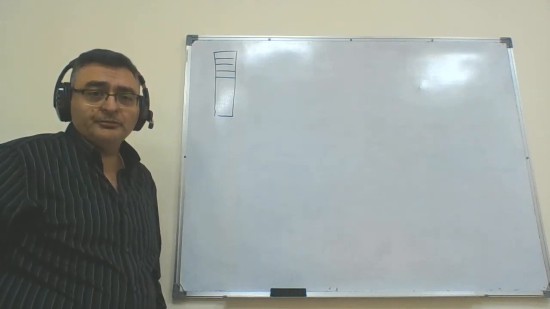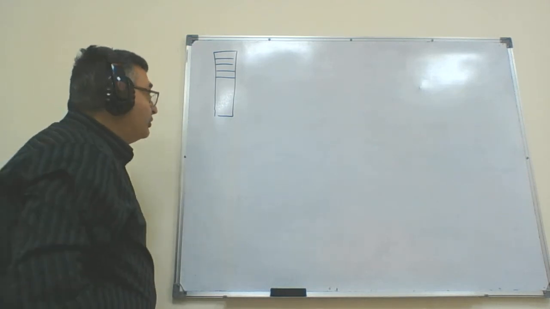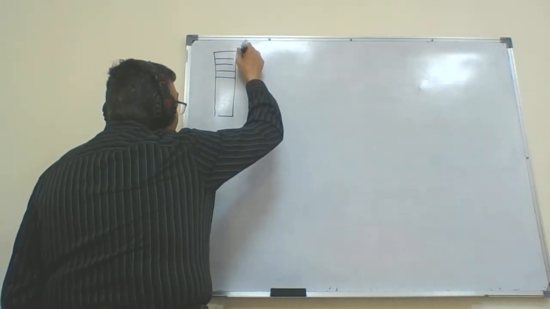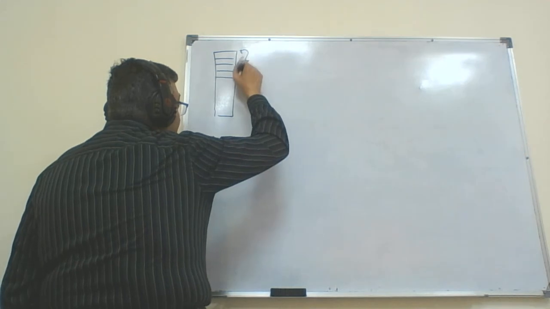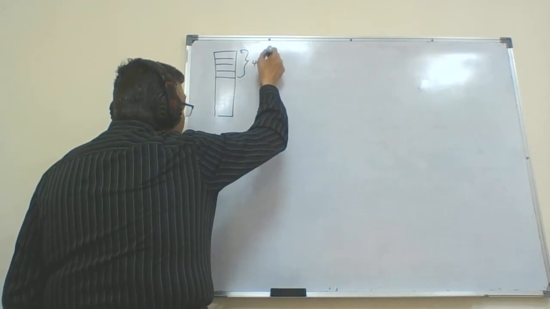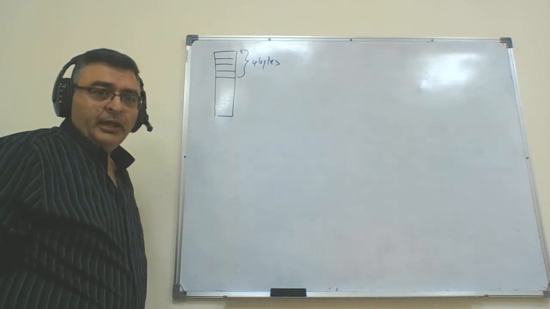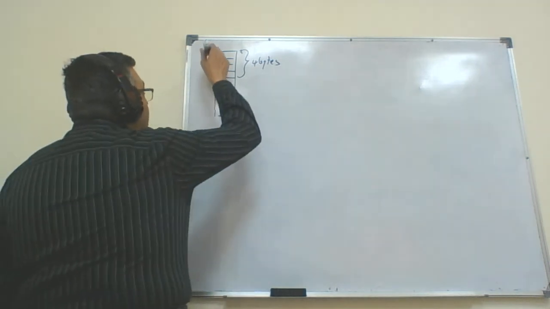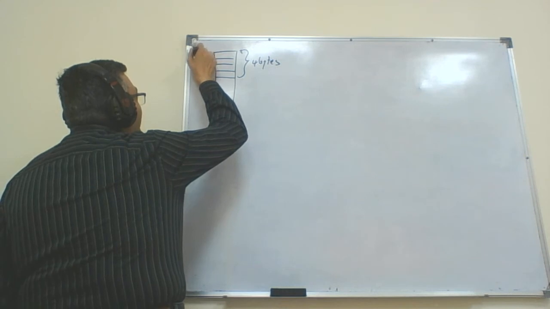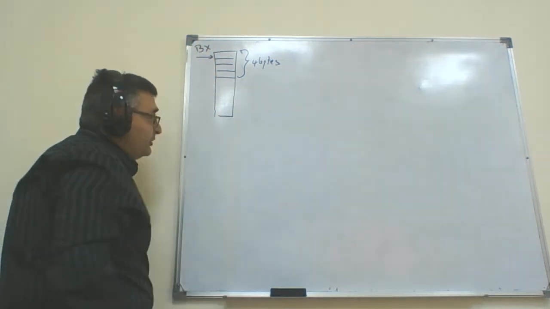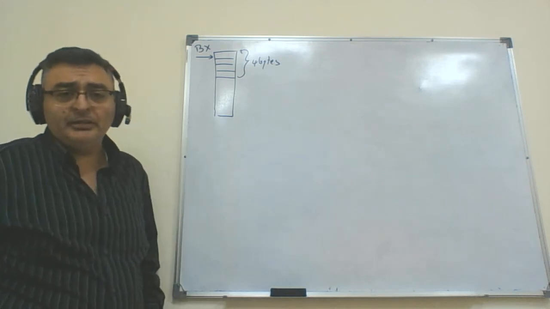Double word means each element of my list is 4 bytes. The BX register is pointing to the offset of the first element in the array.